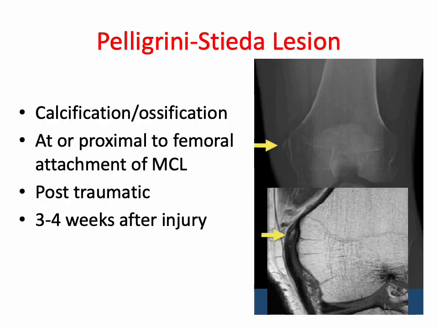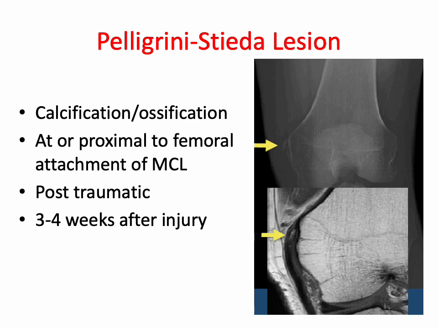Pellegrini-Stieda lesions are ossified post-traumatic lesions at or near the medial collateral ligament, adjacent to the margin of the medial femoral condyle. Most patients will be asymptomatic, while a small proportion will have medial knee pain.